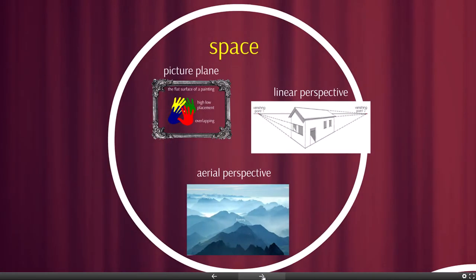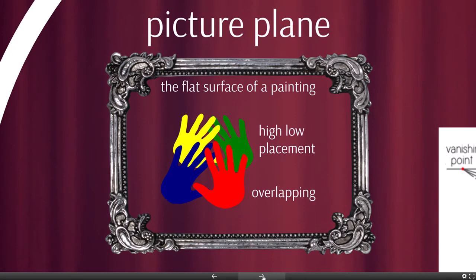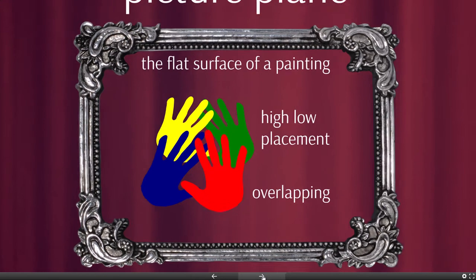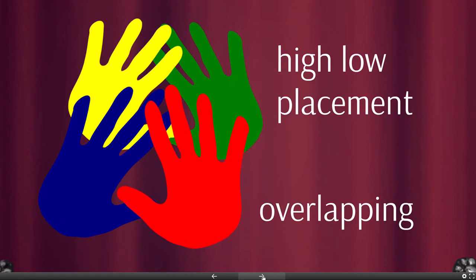All right, next we're going to talk about space. Space is three-dimensional, and we are creating the illusion of space when we create art. The picture plane is the flat surface of a painting, and we can create the illusion of space on this flat surface using high-low placement and overlapping.